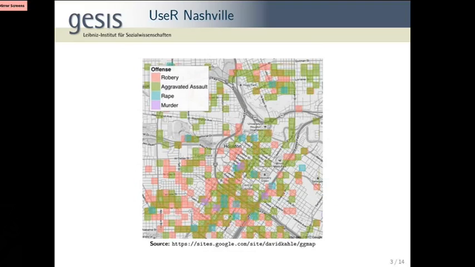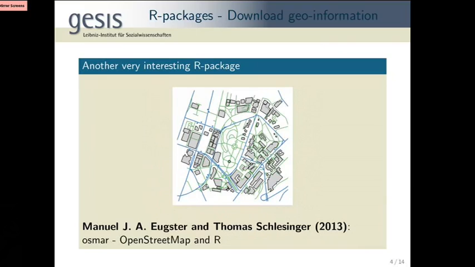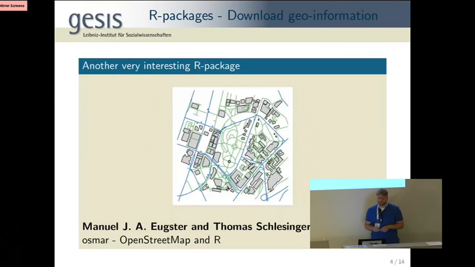Maps like the Houston crime map were presented, and that was the reason for me to start thinking about how to implement mapping in my work. One year later, there was a package by Oyster and Schlesinger about OpenStreetMap and R, called OSMAR. I tried to use this package, so I also use OpenStreetMap data.